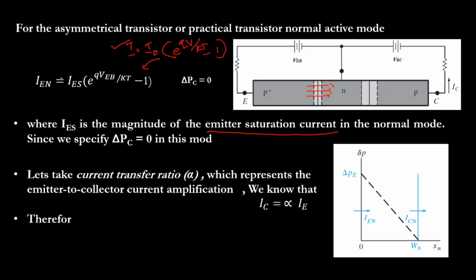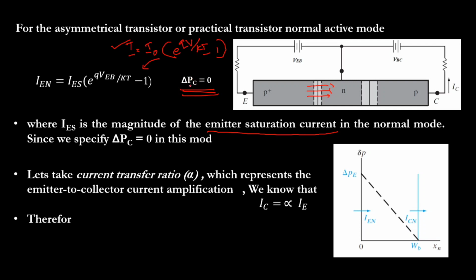So IEN, the emitter current in the normal active mode, is equal to IES, emitter saturation current, into e to the power QVEB by KT minus 1, and we know that the excess hole concentration at W equal to WB will be 0. That means the excess hole concentration at the collector junction is 0.